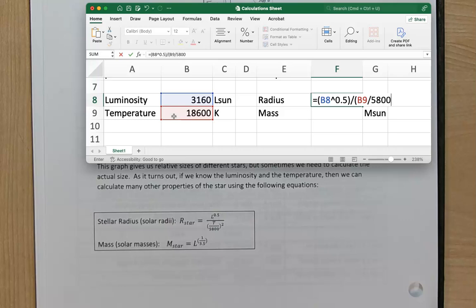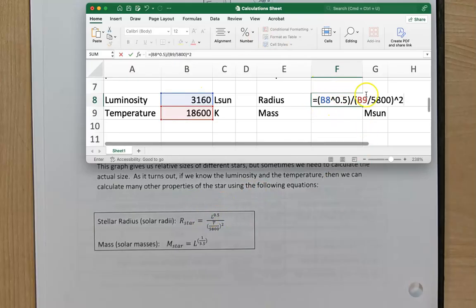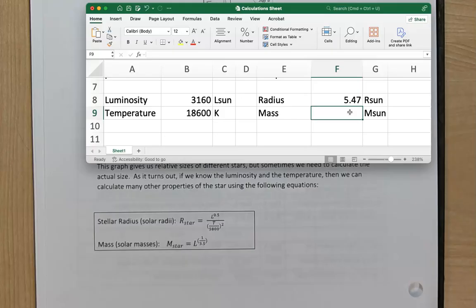Temperature divided by 5800, and then square that. So I got the luminosity to the 1/2 power, check. I got temperature over 5800, and then square that on the bottom, check. And then I divide them. Good, this must be the right answer. So that star is 5.5 times the radius of the sun. Remember, this equation only works if the luminosity is in solar luminosities, the temperature's in Kelvin, and we get the radius of the star out in solar radii.